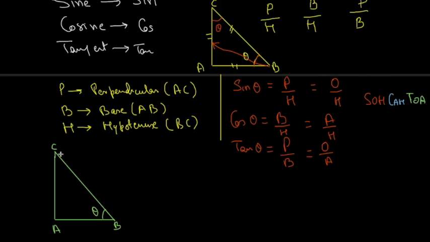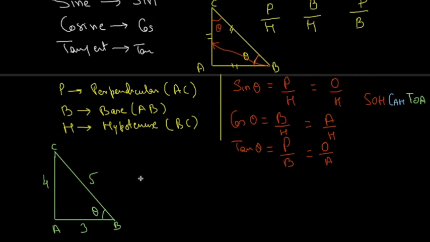Say hypotenuse is 5, this is 4, and this is 3. Now this being a right triangle, 5, 4, 3 must satisfy the Pythagoras theorem.